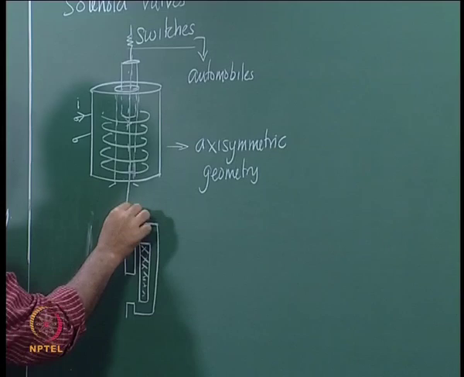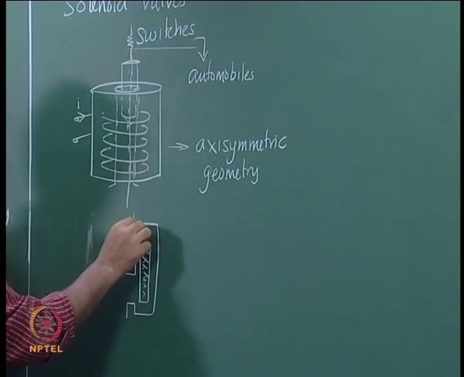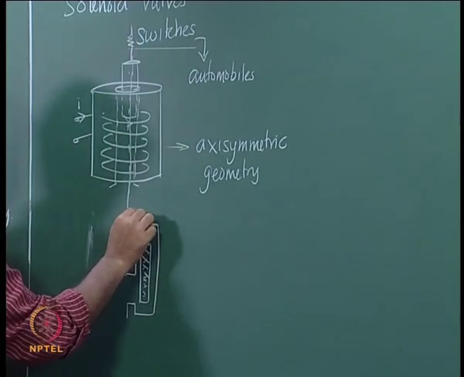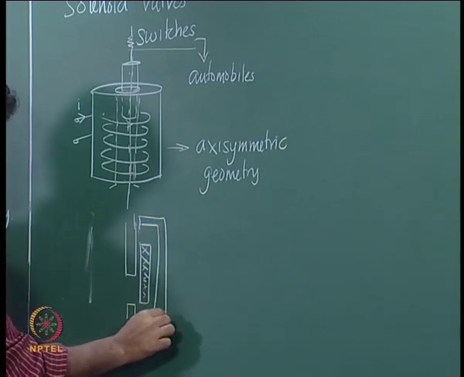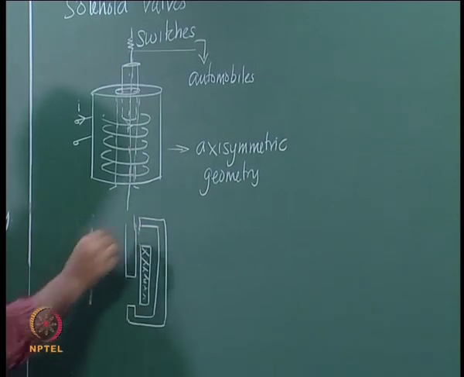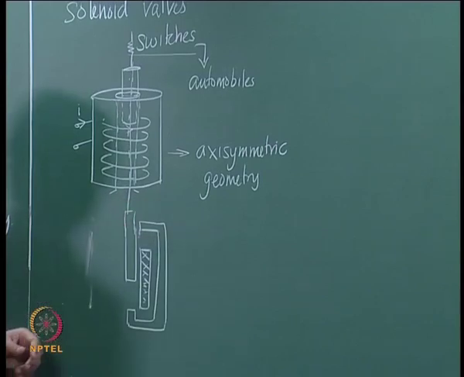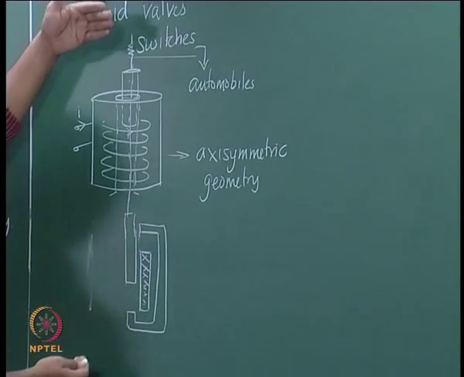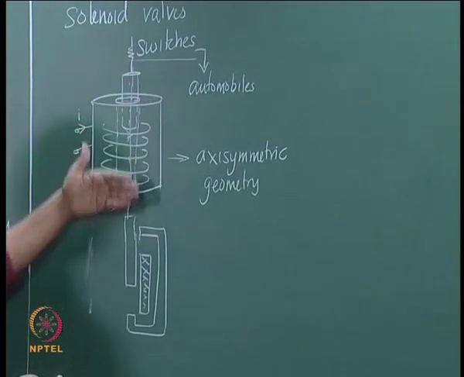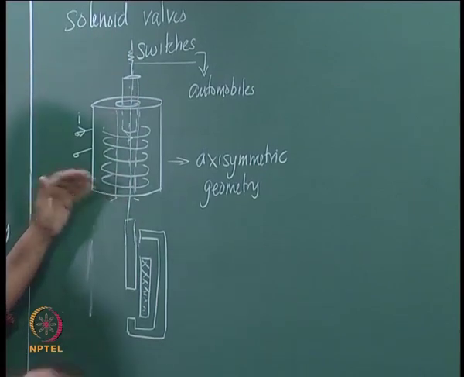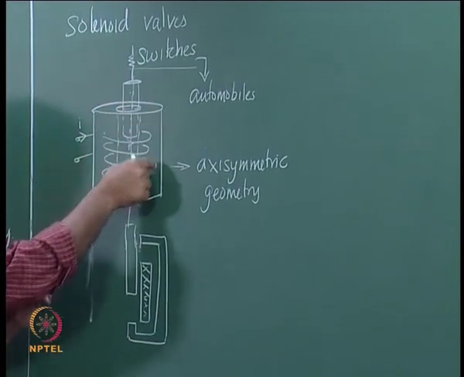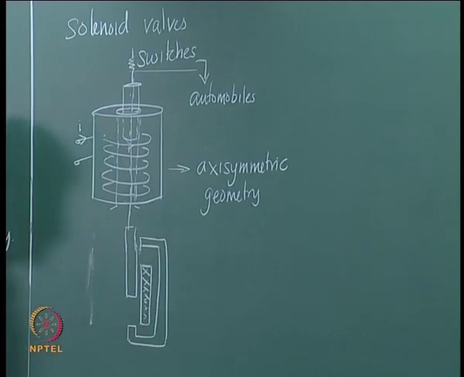So I am now drawing a sectional view. This is how the system will be. This section is as if you slice this by a plane and then take one half of that alone. This is how the system will look.